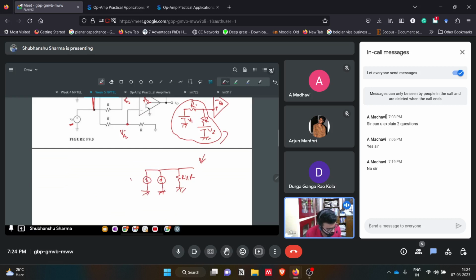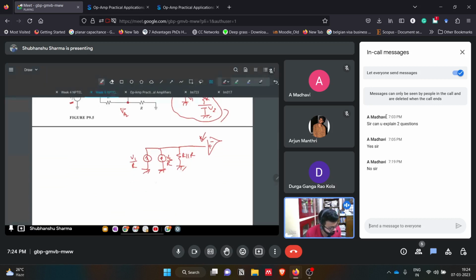This will be V1 by R, this will be V2 by R. This is the input side of the op amp, and the total current source will be V1 plus V2 by R, with the parallel resistance R by 2.